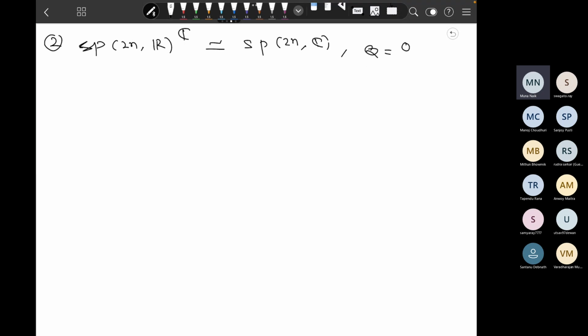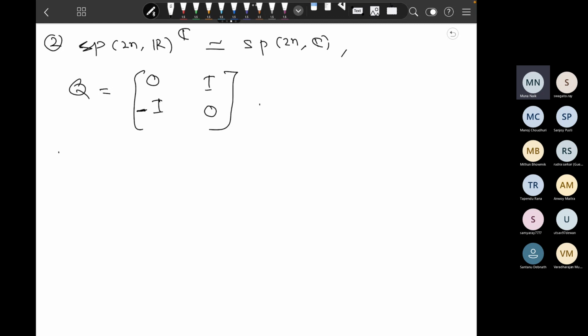The matrix Q is equal to 0, I, minus I, 0. Sorry, this is the matrix. So the complexification of sp(2n,R) is sp(2n,C).